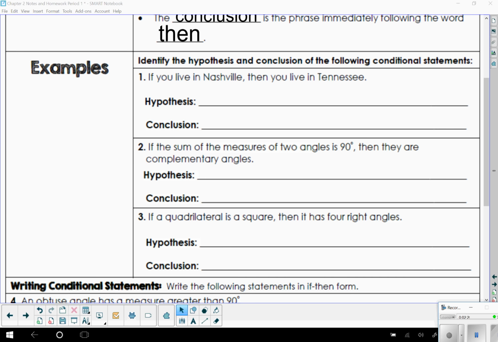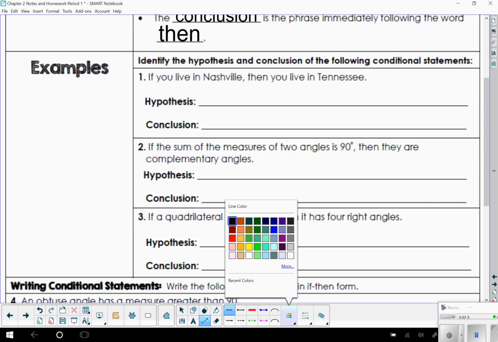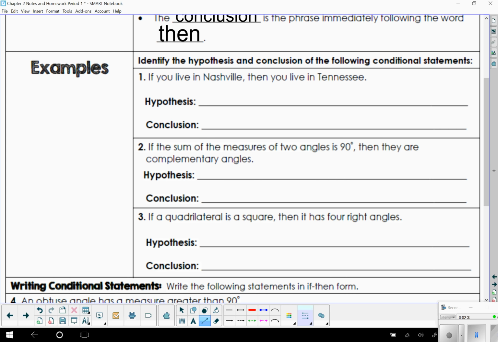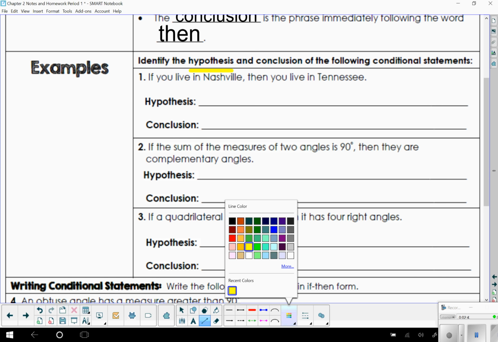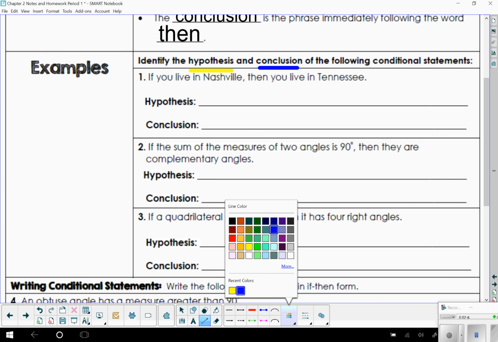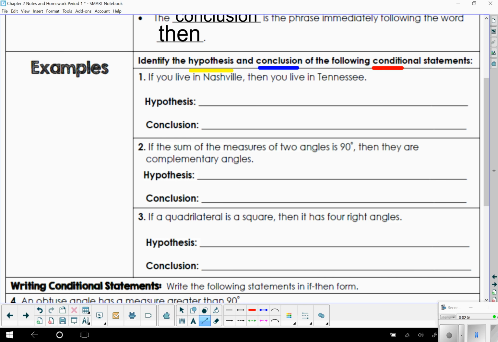Okay, so trying to do the examples. You're going to identify the hypothesis, and then you're going to do the conclusion. The actual conditional statement is what you start with.